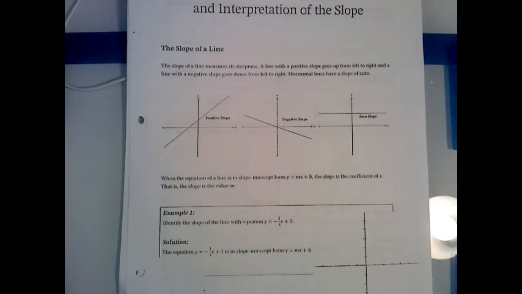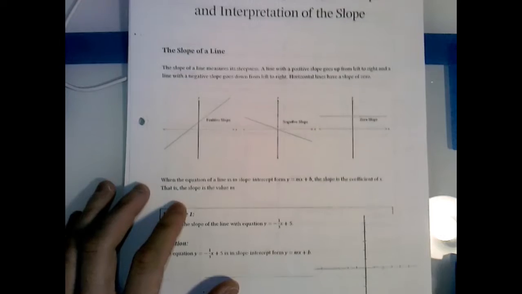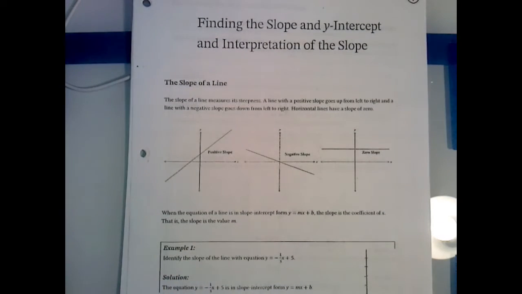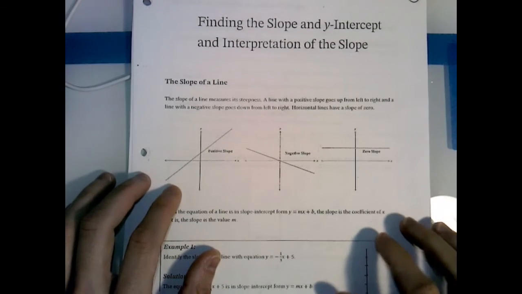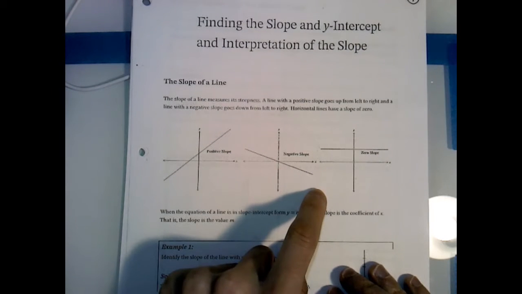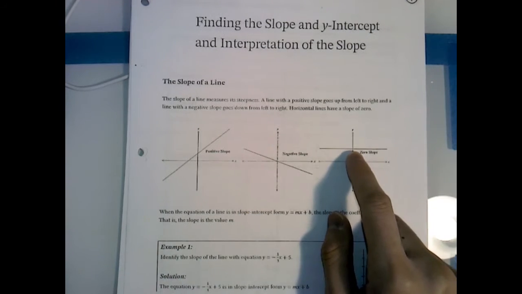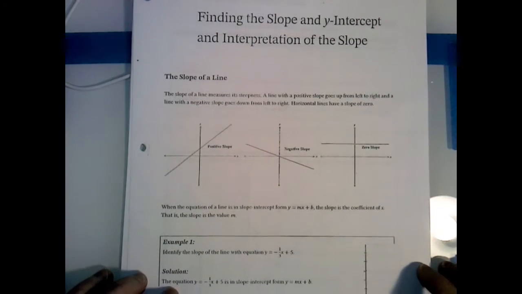Everything is read from left to right, because that's how we read in English and in Western cultures. This is going up from left to right. This is going down from left to right, and this is not going up or down. It's just flat.